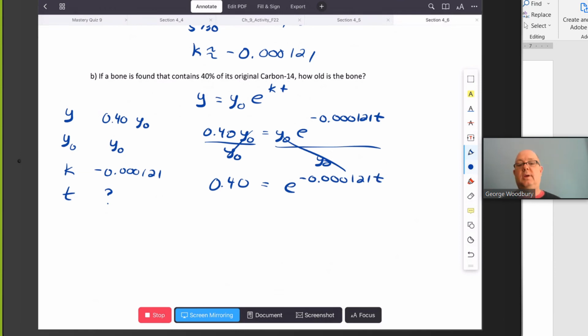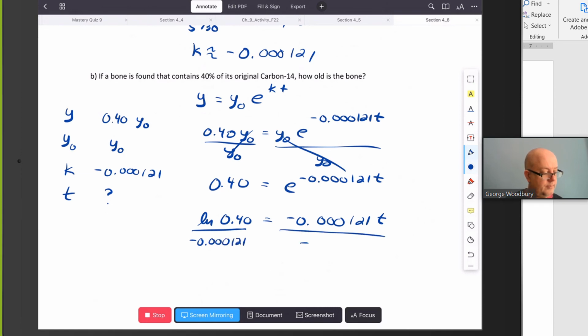Natural log of both sides gets us to natural log of 0.40 equals negative 0.000121t. Divide over that value of k. And now we've solved for t.